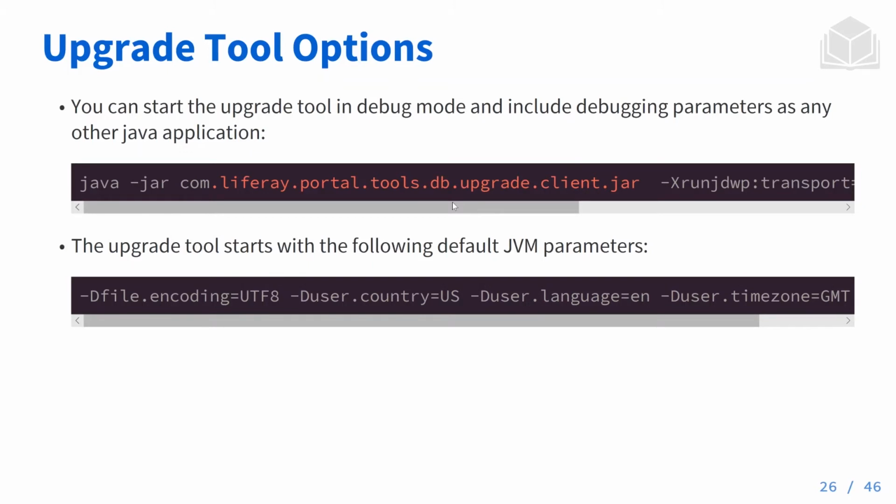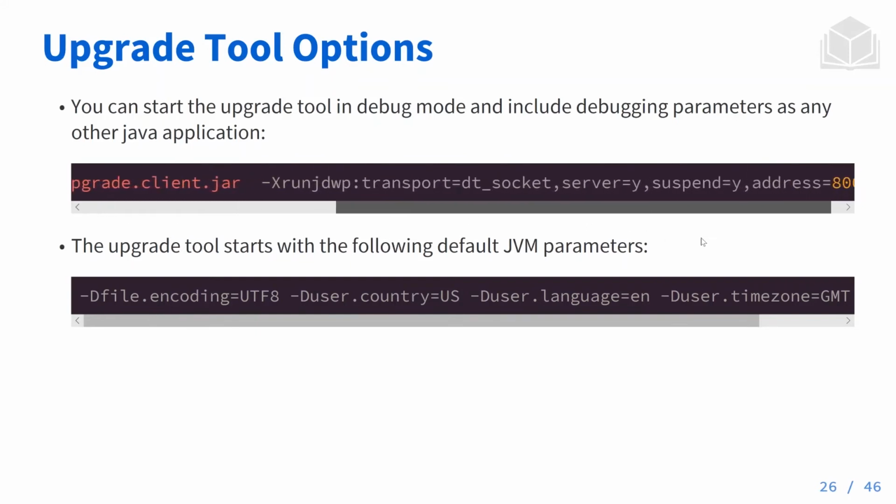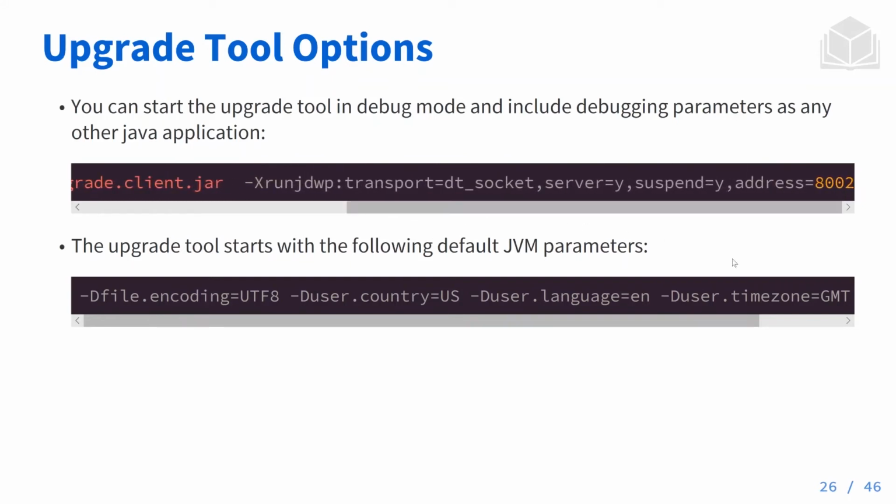We also have the ability to run the upgrade tool using a couple of different options. The first one that we see, and I'll scroll over here a little bit, is you can include a debugger. So you can run the upgrade tool in a debugging mode. I'll scroll over to the right, and you can see some of the attributes that we added here in order to run the upgrade tool in debug mode.